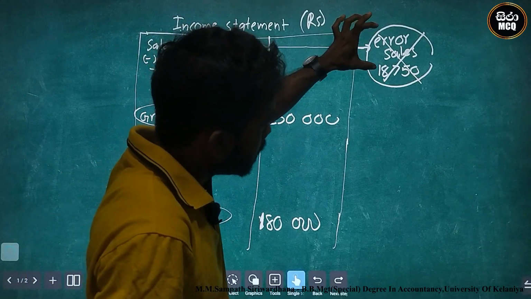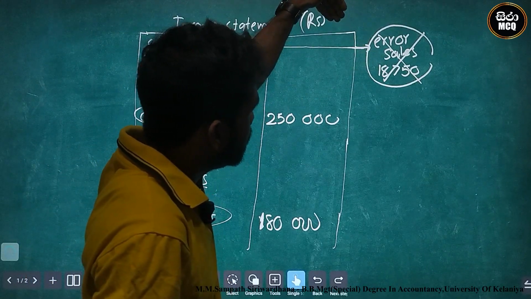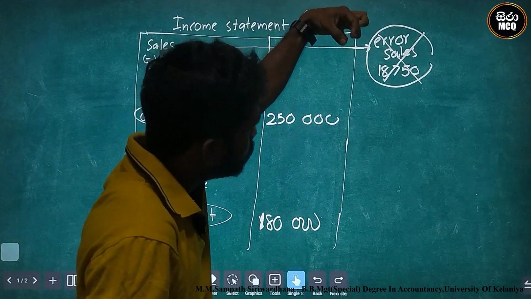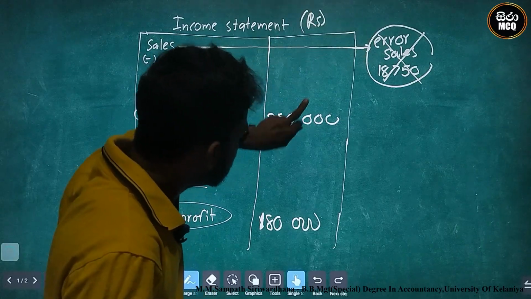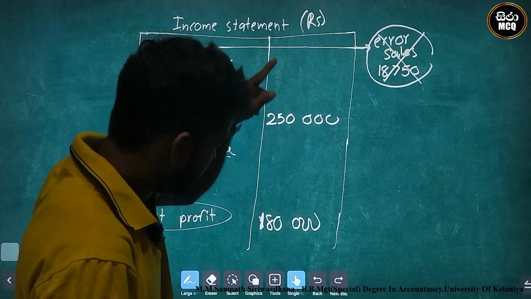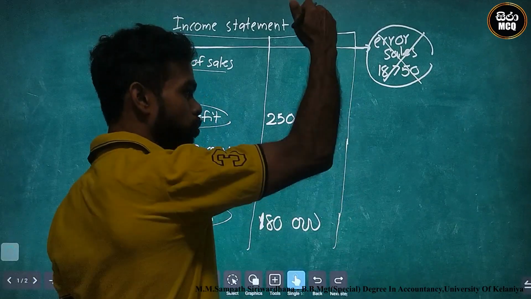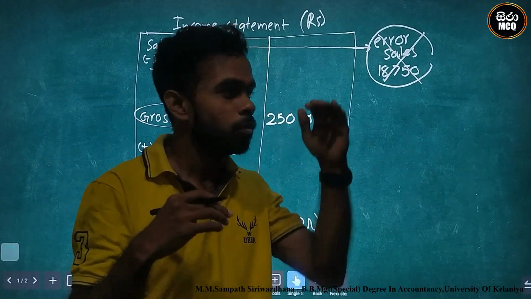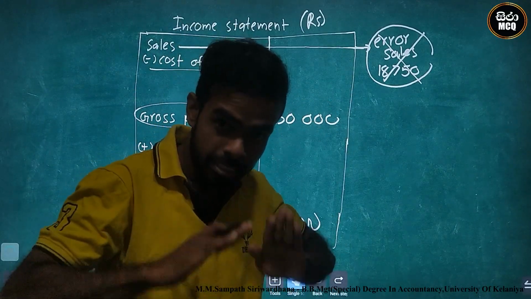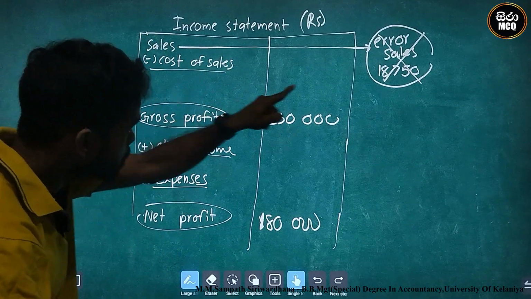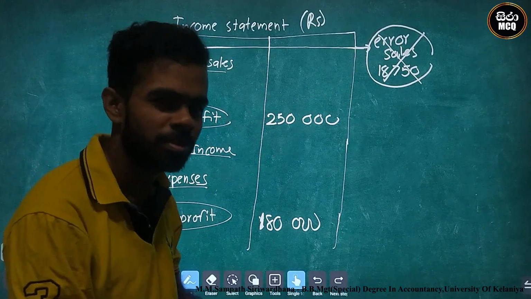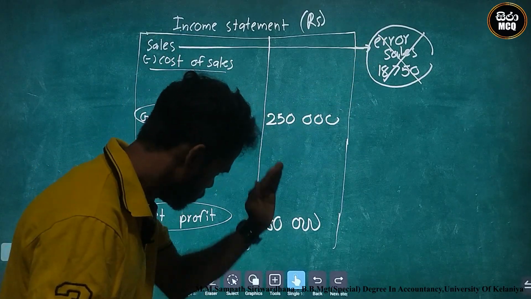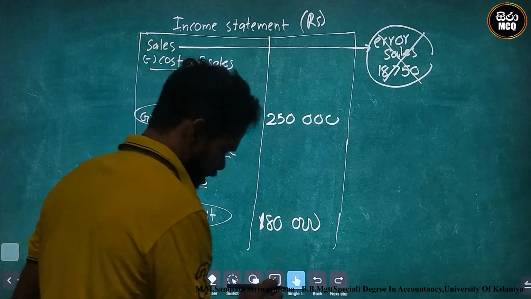This erroneous sales of 18,750 was already added at the top, so this value was included in the head and impacts this side: it impacts gross profit and it impacts net profit. Okay, let's see the question.